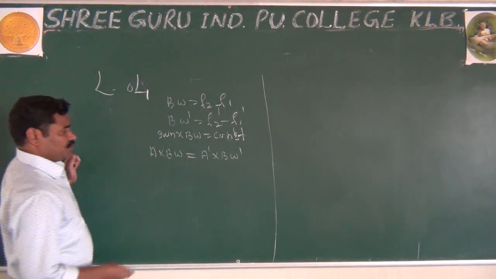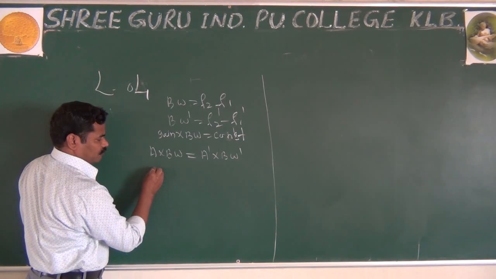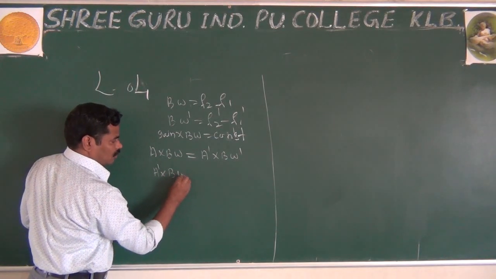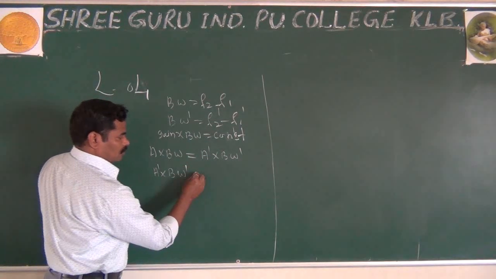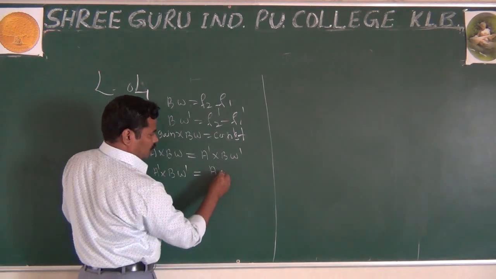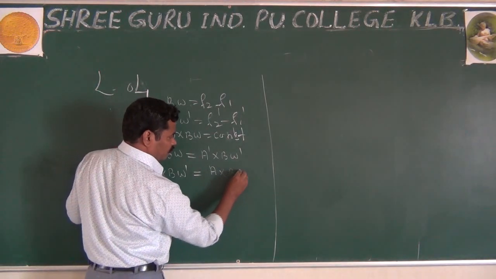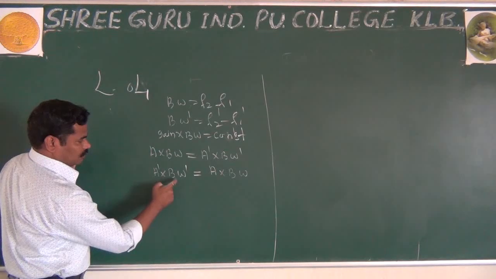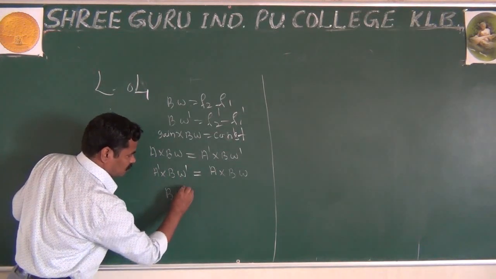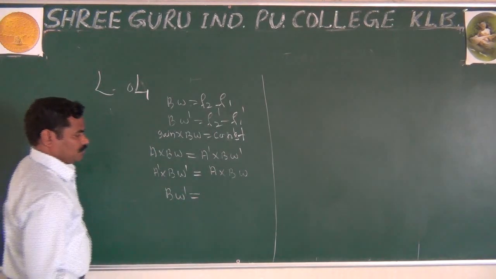This also you can simplify. You take this from this side, A dash into BW dash, where BW dash is the bandwidth with feedback. This side will be A into bandwidth.